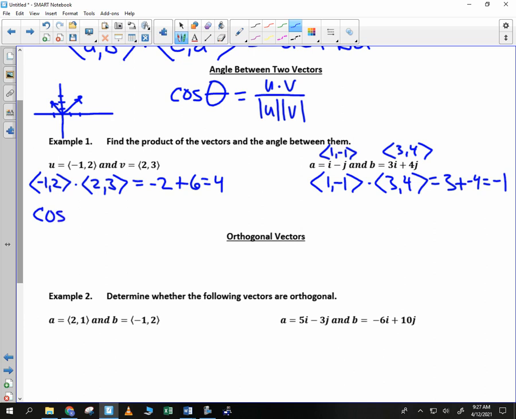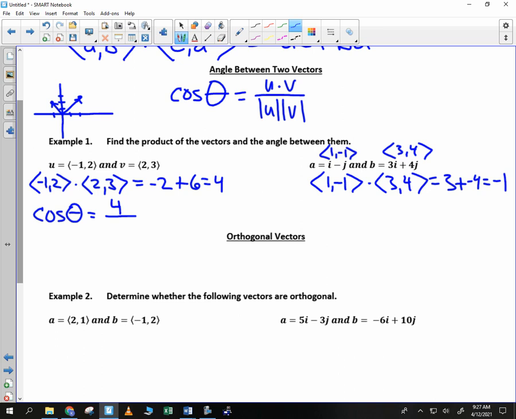We set cosine of theta equal to, the product is already 4. We've already determined that. Divided by, and now we need the magnitude of u and the magnitude of v. Do you remember how we determine the magnitude of a vector? Square root of a squared plus b squared. So let's see, this isn't too bad.